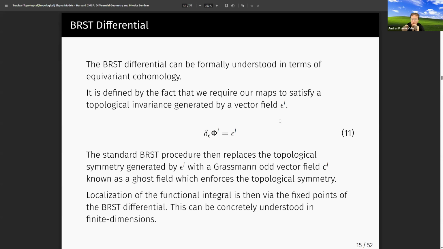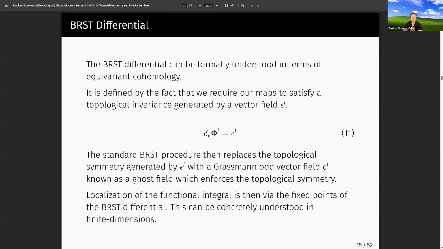When I write these indices, I don't mean that it's the component of the vector field. I'm using the convention known as Penrose abstract index notation. It's a placeholder symbol to denote what tensor structure it has, noting that it's a vector, but I'm not literally writing the components. You can still treat these exactly as you would in differential geometry.